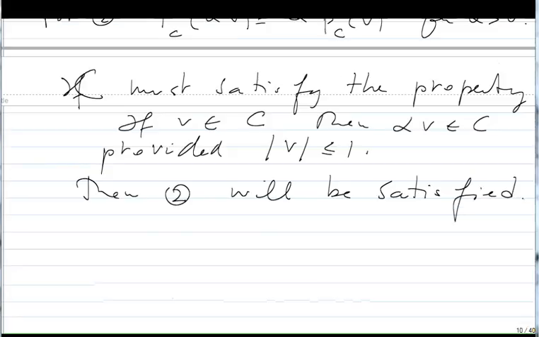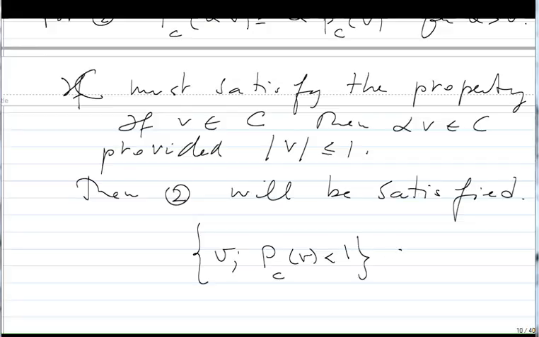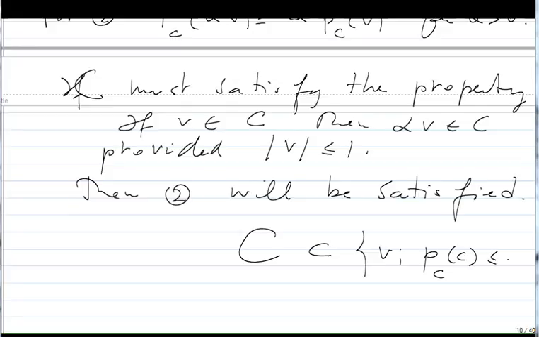In this case, we have C, which is included in the set of v such that PC of v is less or equal than 1, and contains the open ball, PC of v less than 1.